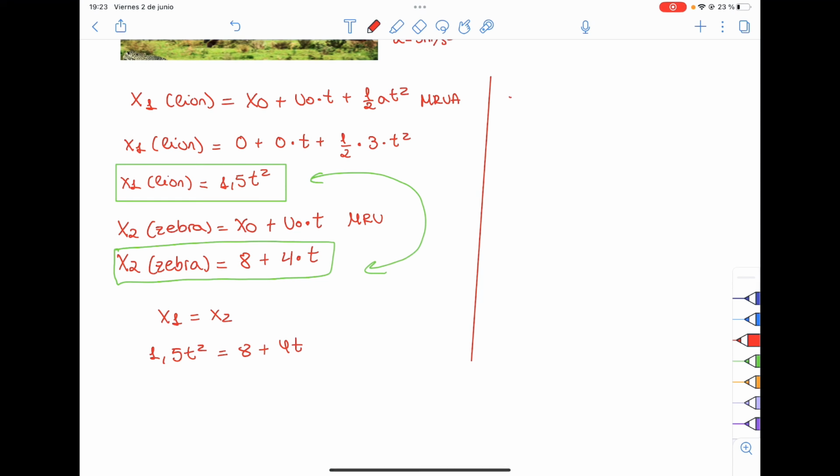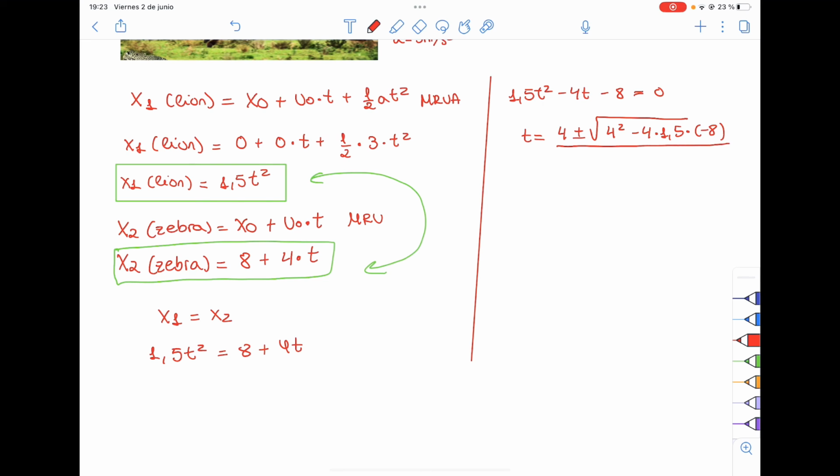So since this is a second degree equation, I can solve it like we normally do, like minus b plus or minus the square root of b squared minus 4 times a times c, all of this divided by 2a.